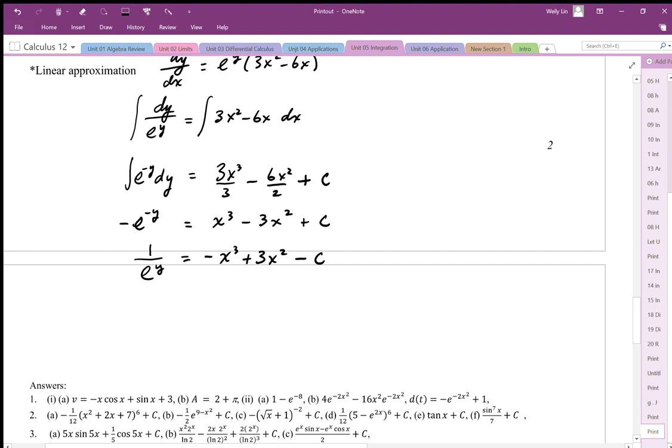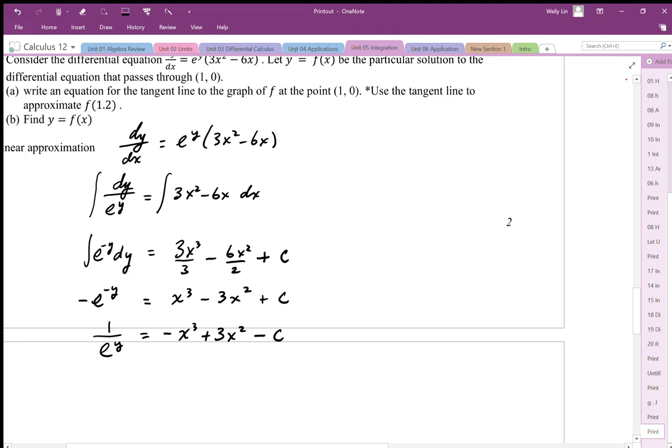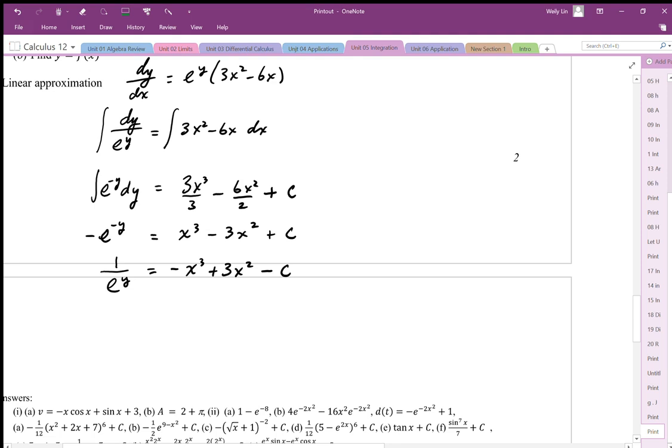So we need to solve for the c. So I'm going to go back to my initial condition. My initial condition here is 1, 0, so I'm going to plug that in. So I end up with 1 over e to the 0, and that's going to be equal to, when x is 1, negative 1 cubed plus 3 times 1 squared, then we have our minus c here.